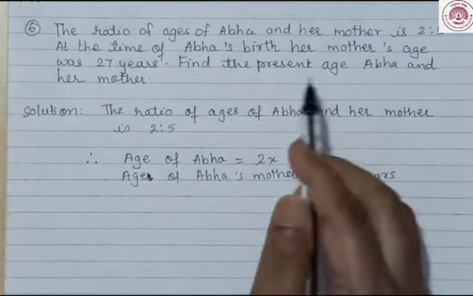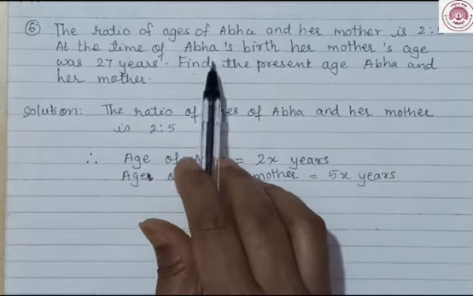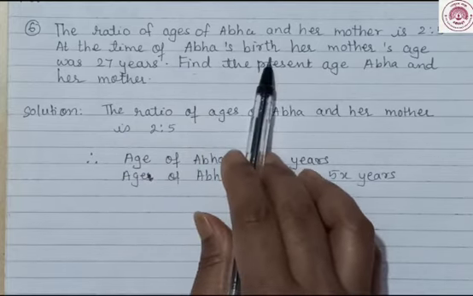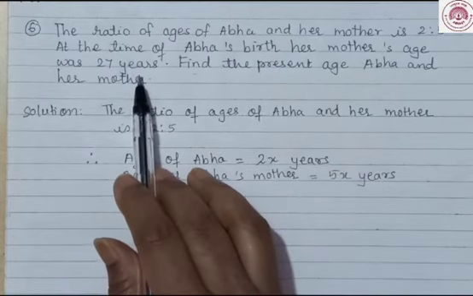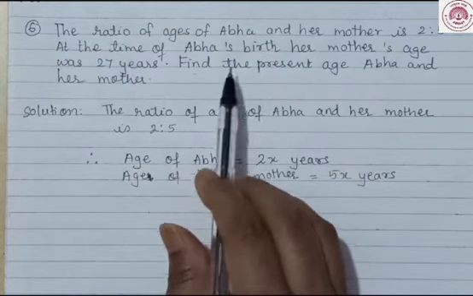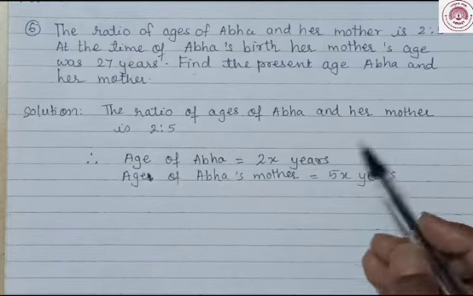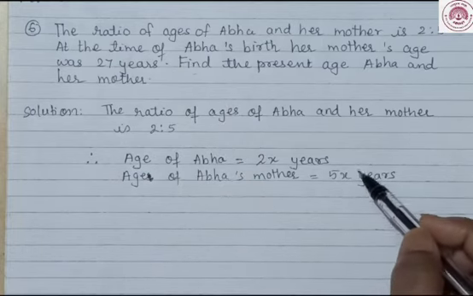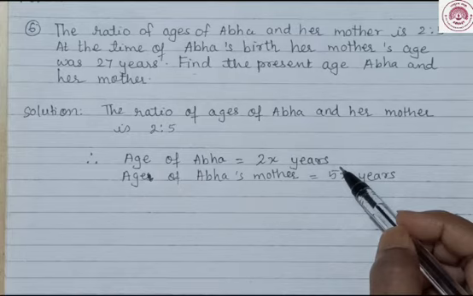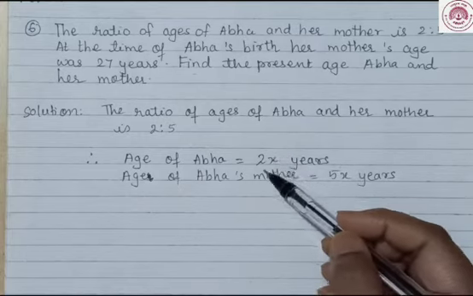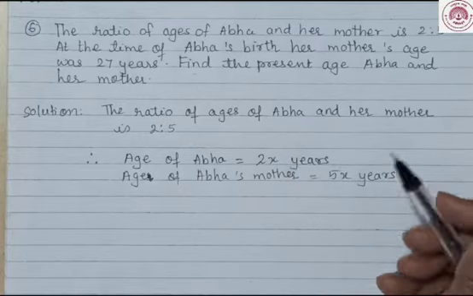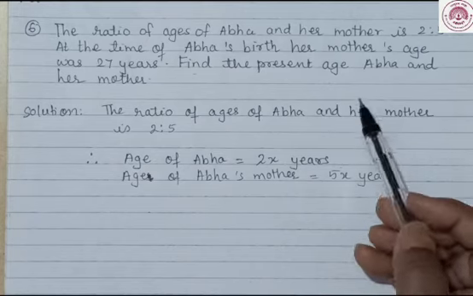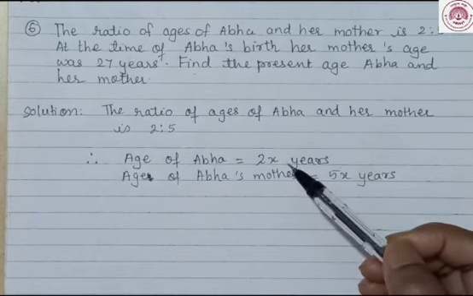Now here the condition given is at the time of Abha's birth her mother's age was 27 years. So as per this condition, the present age of Abha's mother minus the present age of Abha gives us the age of Abha's mother at the time of her birth.